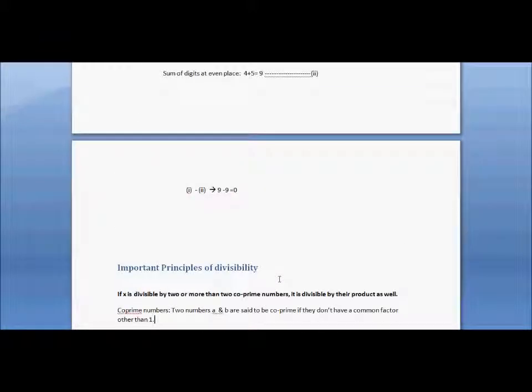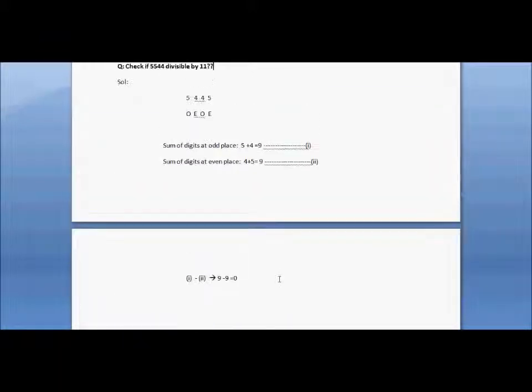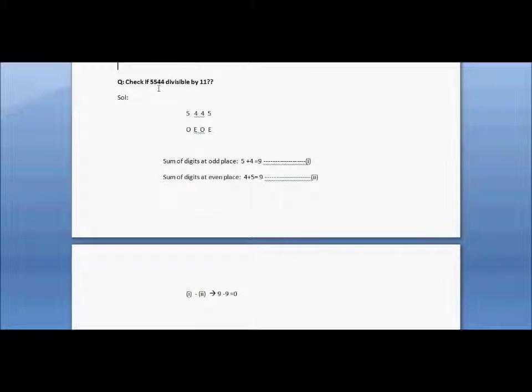Let's take an example to understand it, right? Check whether 5 4 4 5 is divisible by 11 or not. So 5 4 4 5. 5 is at the first place, so it's an odd place. 4 is at the second place, an even place. Another 4 is at an odd place, and this is even.